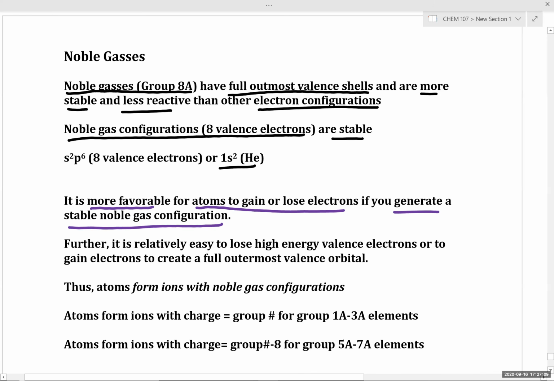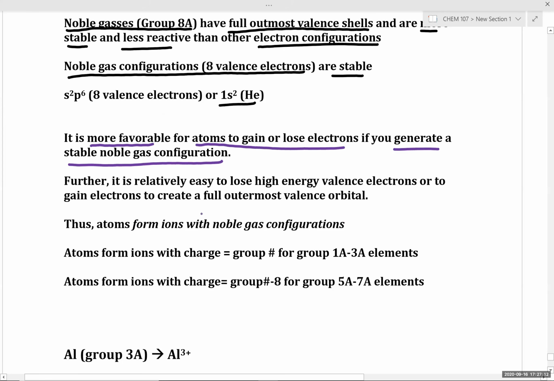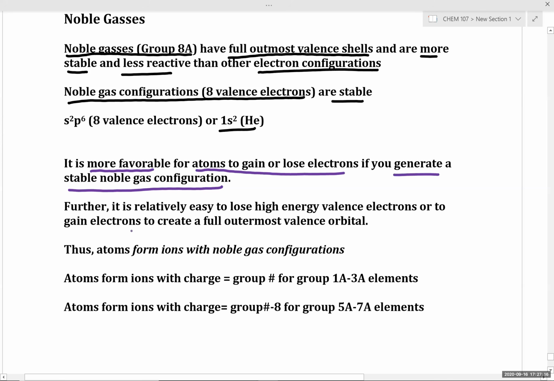Further, it's also relatively easy to lose high energy valence electrons or to gain electrons if you're creating a full outermost valence orbital. So the takeaway from this idea is that atoms will form ions with noble gas configurations.